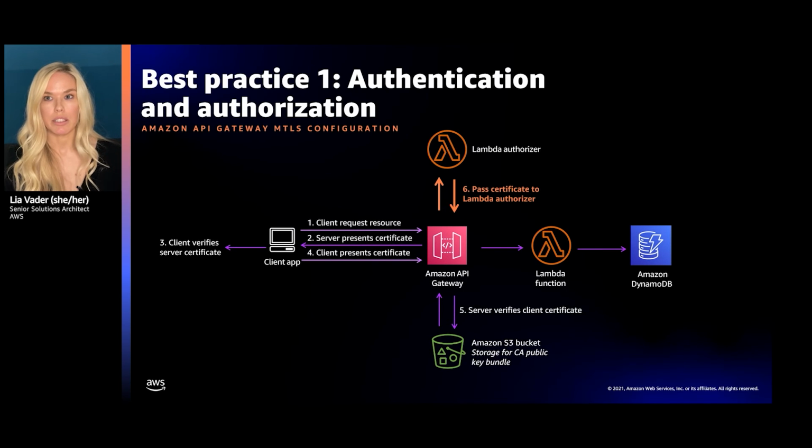You may be familiar with this flow. The client will request a resource, the server presents its certificate, the client verifies that certificate, the client presents its certificate, then the server verifies that client certificate. Now where we leave off is we can pass that certificate to a Lambda authorizer, because you may have noticed in that flow that we have not yet checked to see if the certificate's revoked.